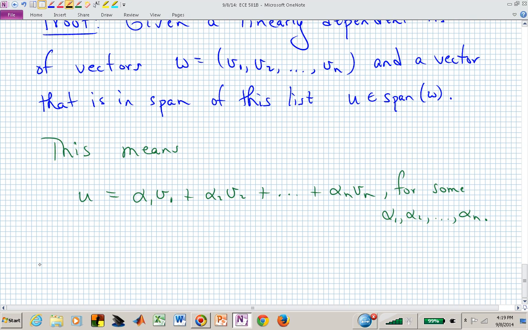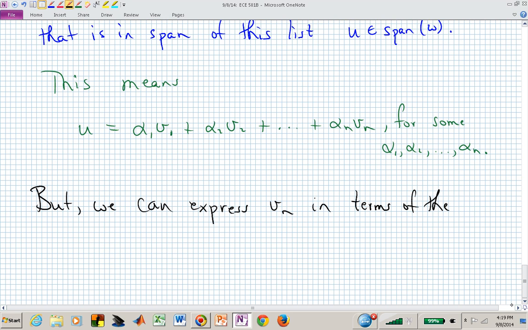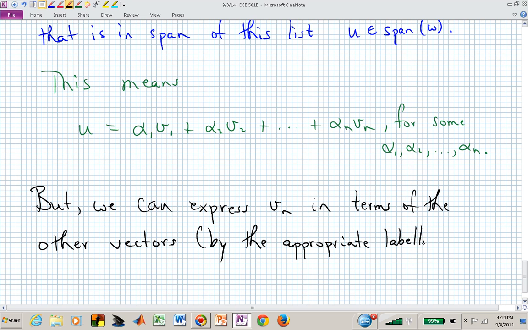So now let's say, but we can express v sub n in terms of the other vectors. And here I'm suggesting by the appropriate labeling of the vectors, v sub i, in that list.